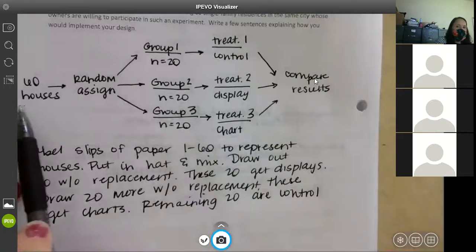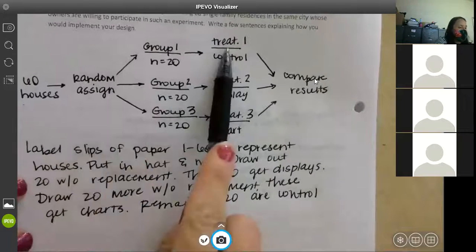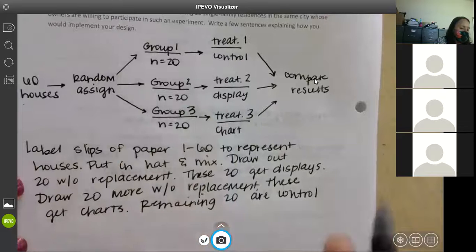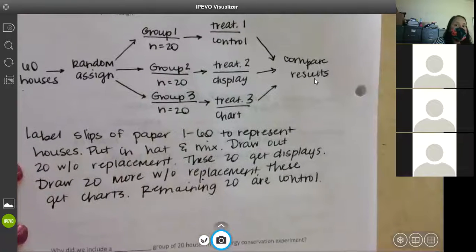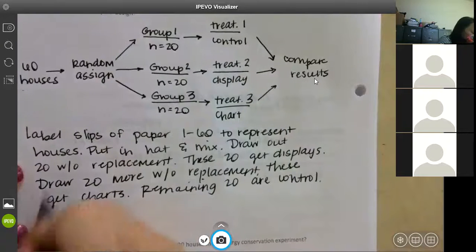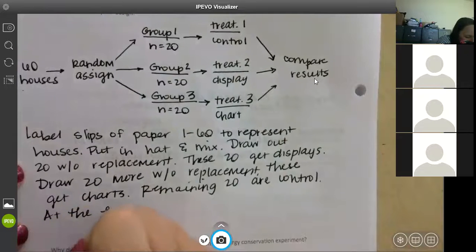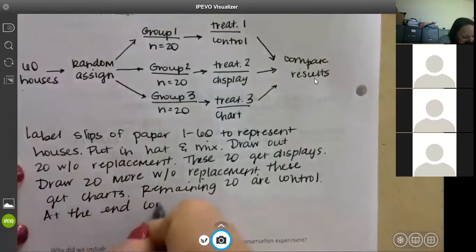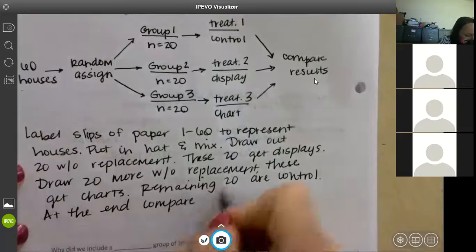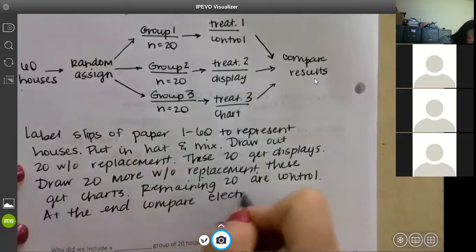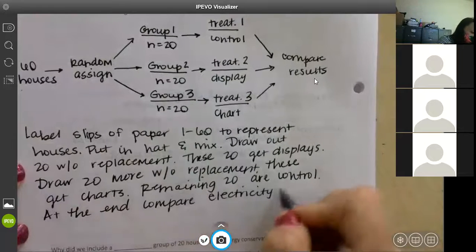So we did the 60 houses, we randomly assigned, we put them into groups, we treated them. What's the last thing we need to do? We did everything but what? Compare the results. So at the end, compare electricity usage.